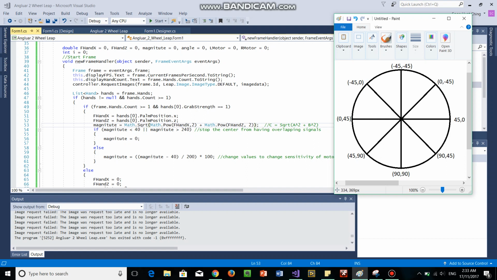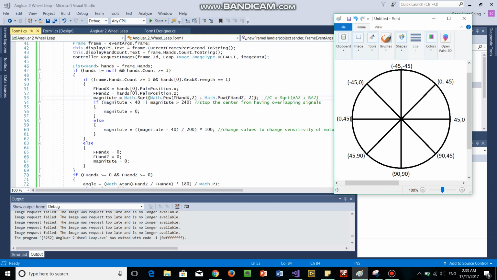If the hand is less than 40 from the origin, or at the origin itself, it has a possibility of entering any of the 8 segments without us having a choice, because it is very sensitive at the center. So in order to avoid the error, we will put a limitation of a radius of 40 all the way to a radius of 240.